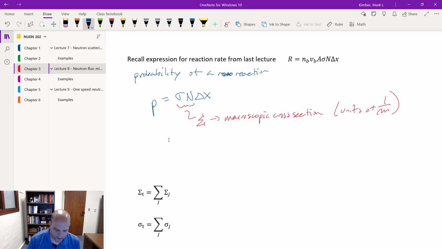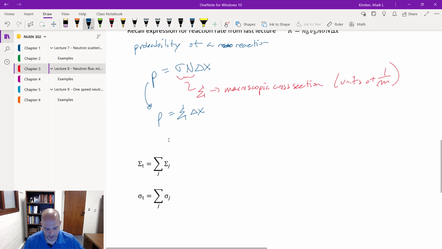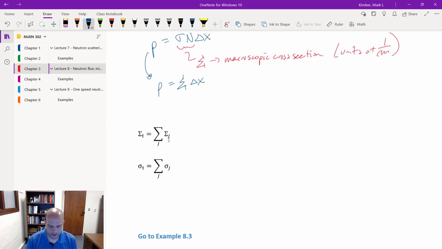And so our probability is going to be expressed as that sigma, our macroscopic cross-section, multiplied by the thickness of our target. When we have different types of interactions, we express those possibilities as cross-sections of those different types of interactions. So we have our total cross-section, this sigma t, either in the macroscopic sense, the top equation, or the microscopic sense, the bottom equation.